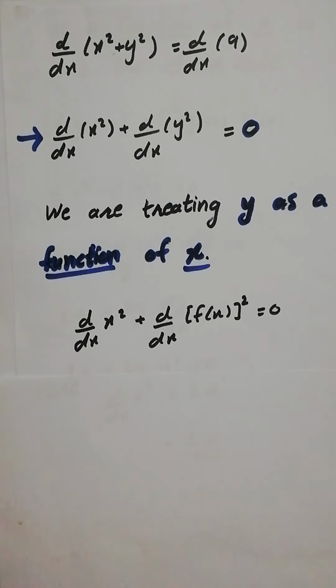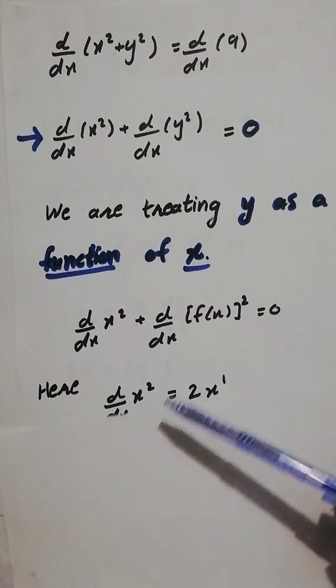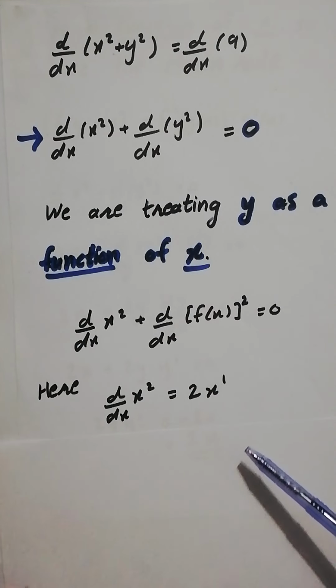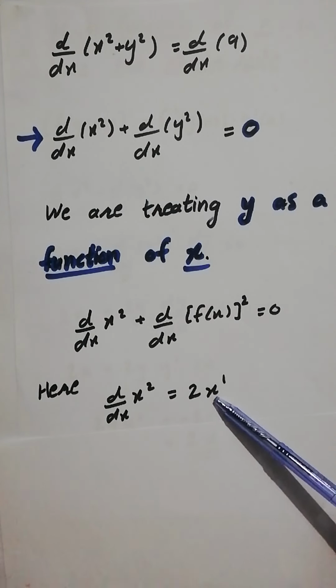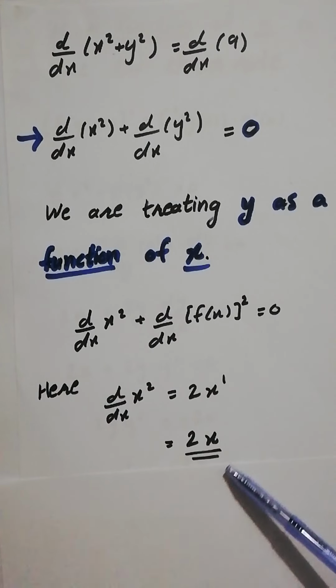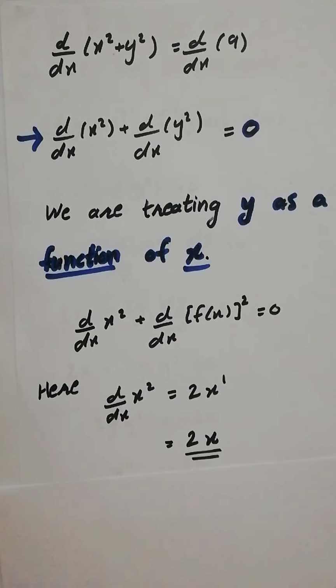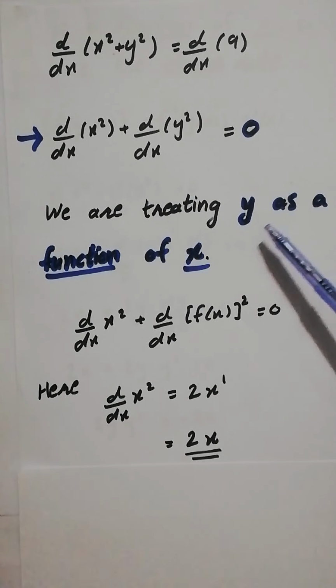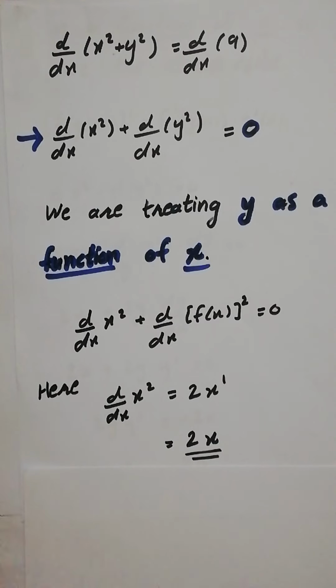When we take the derivative of x squared with respect to x, it will become 2x raised to power 1, which is 2x. But for y squared, it's difficult because we are not taking the derivative of y with respect to y, but the derivative of y squared with respect to x.